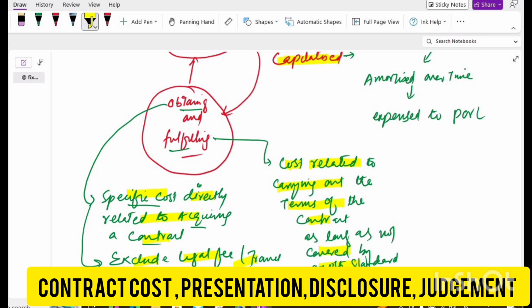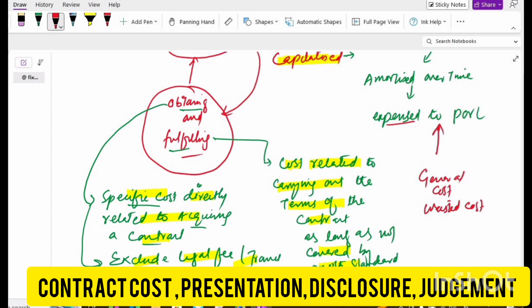Now you have some other costs that we call general cost and wasted cost. By wasted cost we mean material wasted or labor. That sort of cost should also be expensed to the profit or loss. Clear?